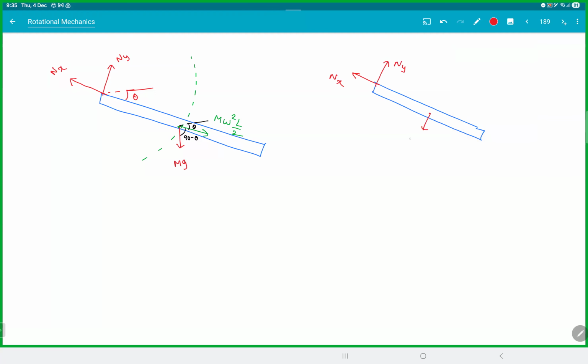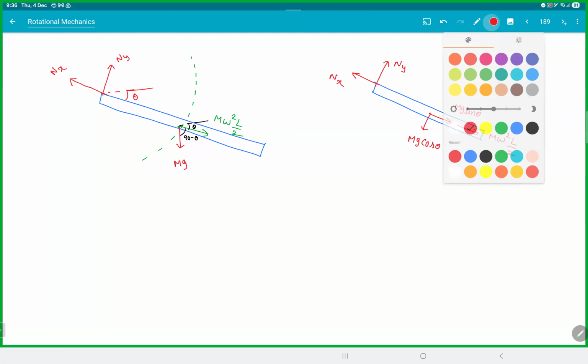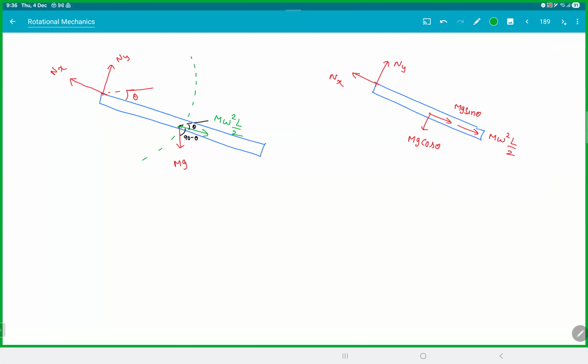This would be mg sine of 90 minus theta, which is mg cos theta, mg sine theta, and centrifugal force m omega square L by 2. These are all the things in this direction. And your center of mass is going in a circle. So the acceleration of the center of mass is L alpha by 2. So I need to find alpha.